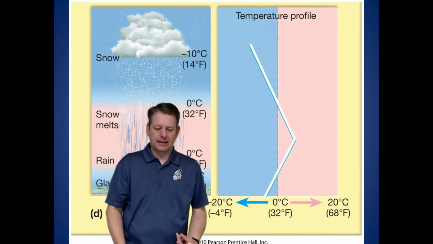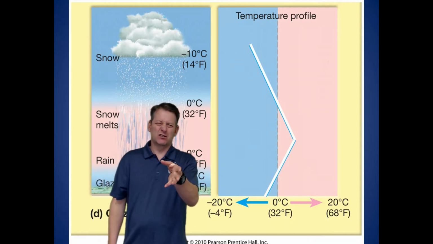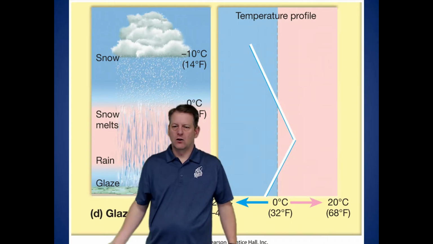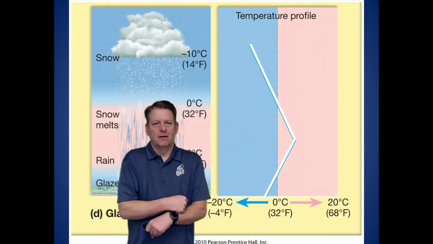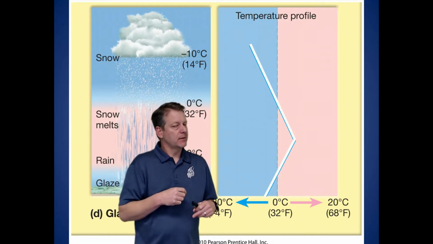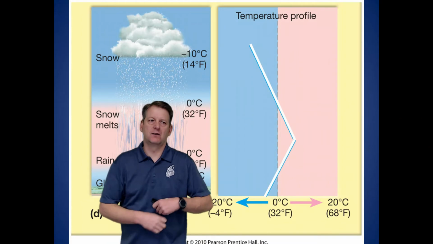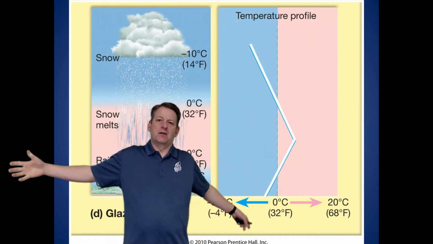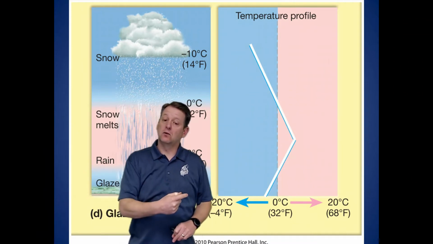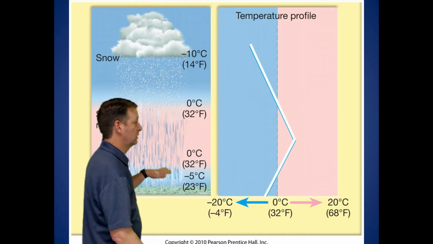You'll understand what I mean like this. Have you ever been laying in your bed and it's nice and cold and you're all wrapped up in that blanket and you're retaining all that heat? But the minute somebody comes around and rips that blanket off, all of a sudden you get spread out and all of that heat is just gone and you immediately get cold. Well, welcome to glaze.